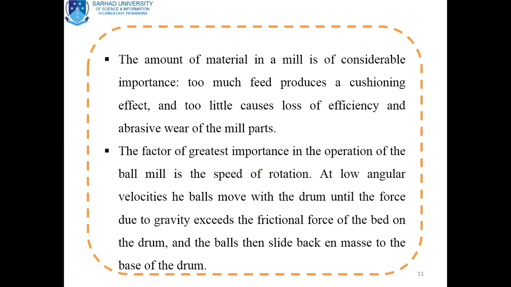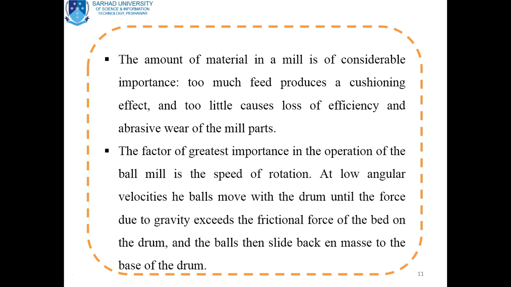There was an explanation of the considerable amount of material to be introduced, the effect of too much feed and too little feed, as well as the factor of greatest importance in the operation of ball mills, the speed of rotation.